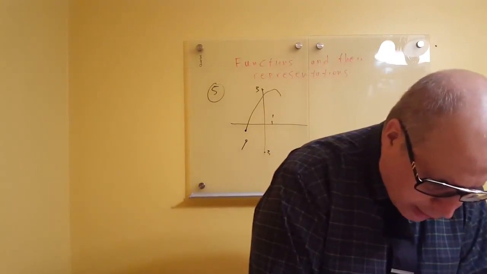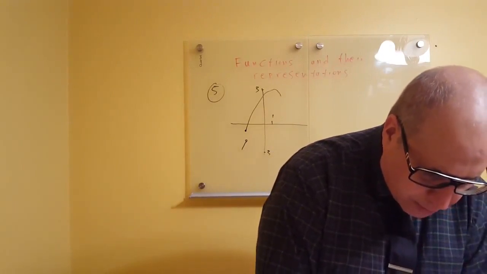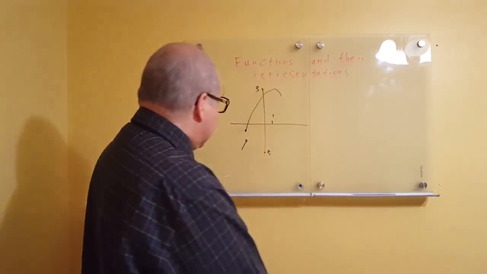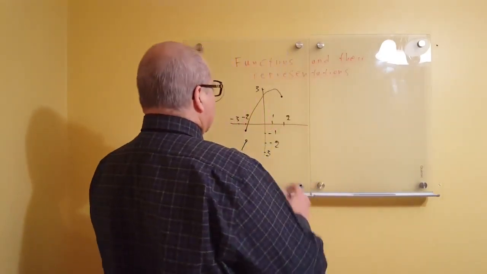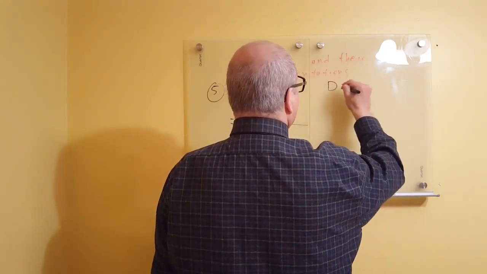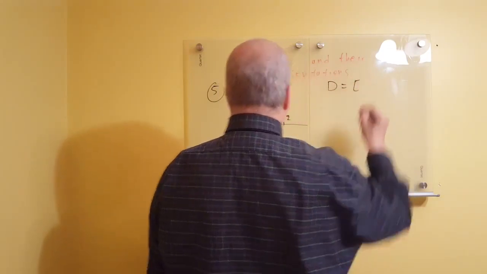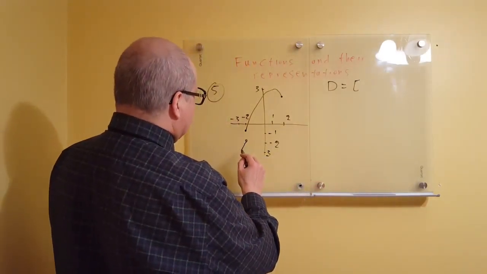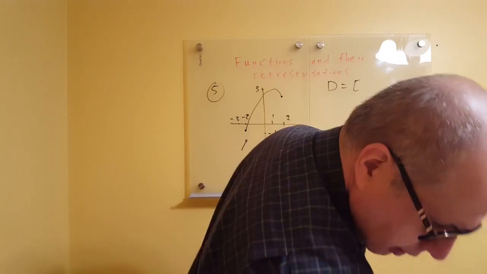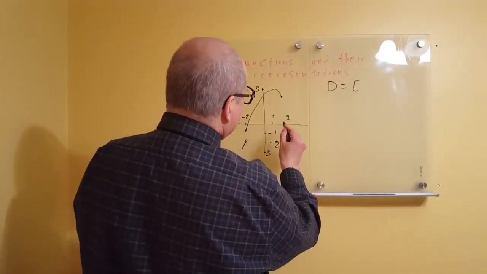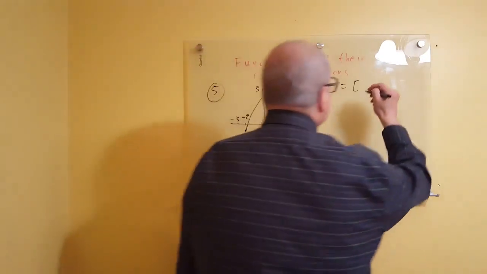And now, since it is a function, we have to find the domain and the range. So the domain of the function, you see, starts from -3 and goes all the way up to 2.